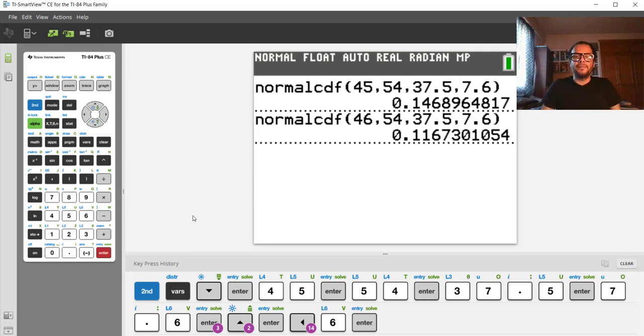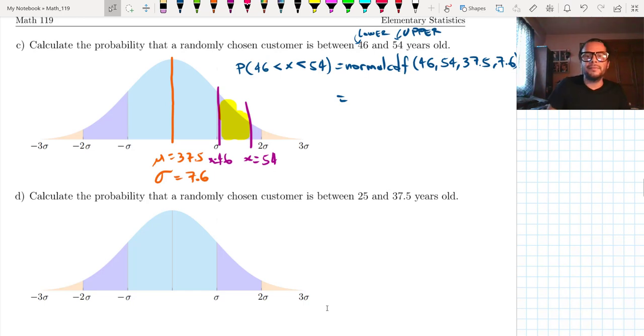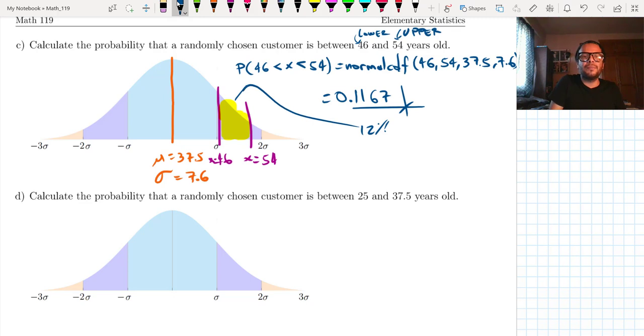So 0.1167 is the answer. Which is basically 12%. So look at the small portion of area that represents 12%, if you will. Why not? It's a very tiny region.